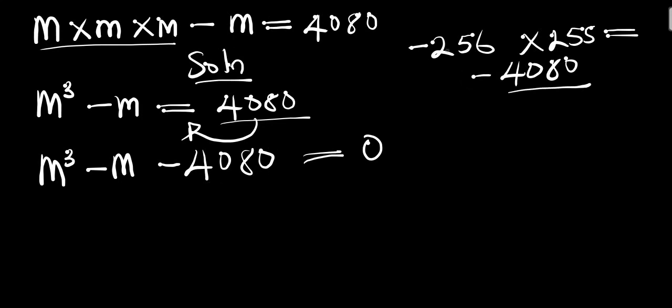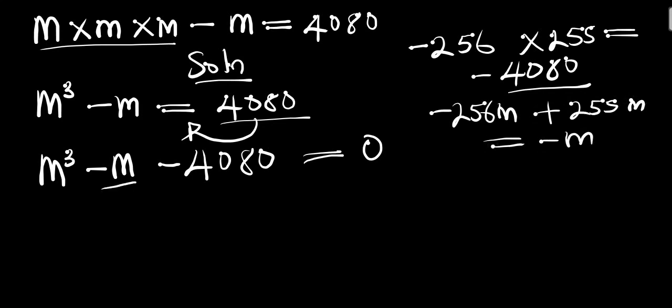Then also, if you have negative 256m plus 255m, this will give you negative m, which is what we have here. So we are going to factor this whole equation out using what we have here.